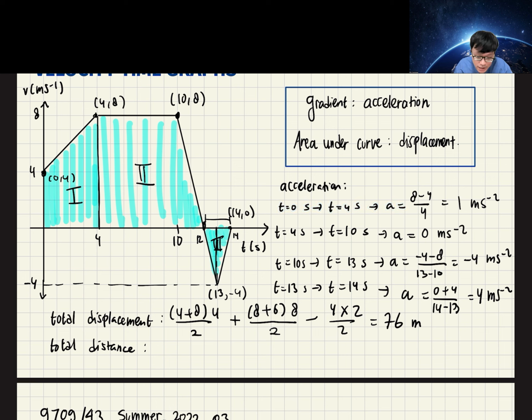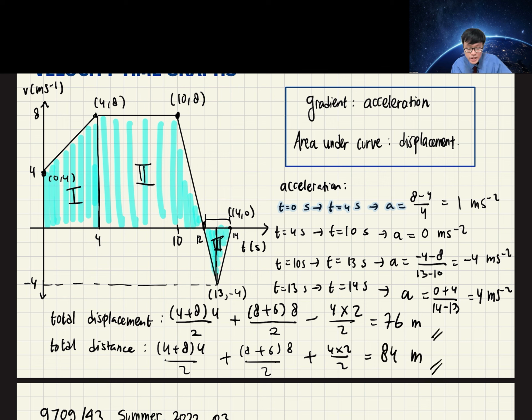But for the total distance, you don't care about the direction. So you add them all, no matter whether it is positive or negative. When you add them all, you will get 84 meter. So that's how we find the total displacement and total distance from velocity time graph.